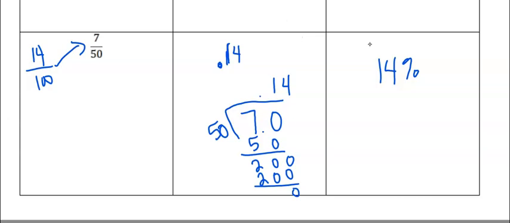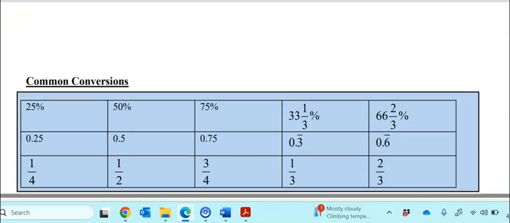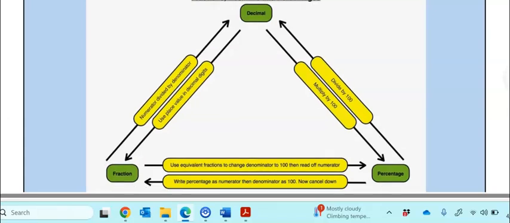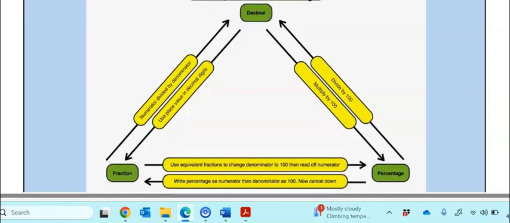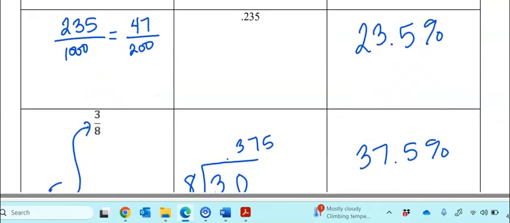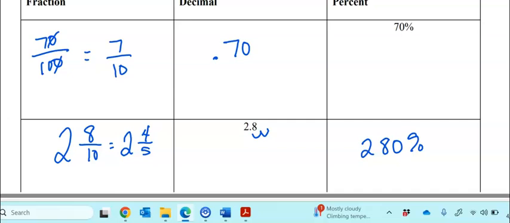So I really like this kind of chart to teach the conversion between fraction, decimal, and percent. I really, really like this visual. I've taught for a long time, and I just think this is very good to use to teach the students. This could be something, like I said, that you have up in your classroom, that you have laminated on their desk. And if I were teaching this, we would do this kind of converting between the three. I would give them some of these every single day for weeks. Give you a decimal, give me the fraction and the percent.